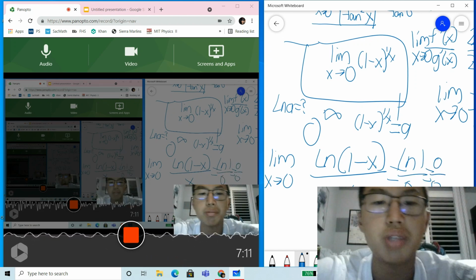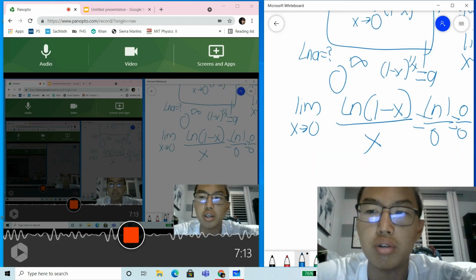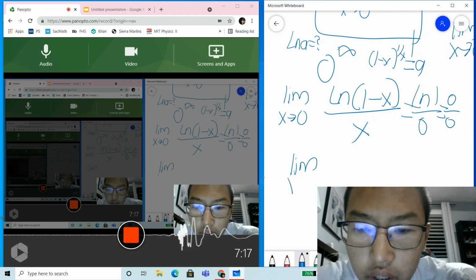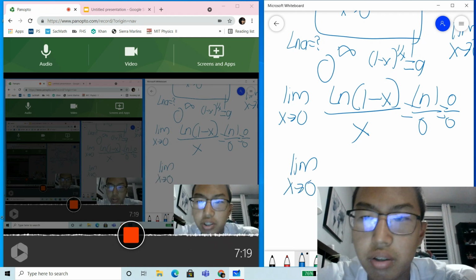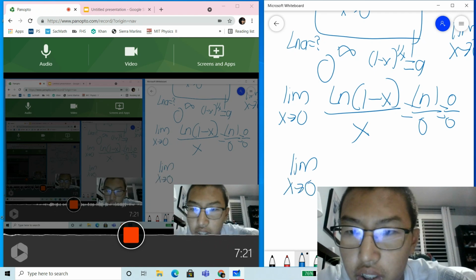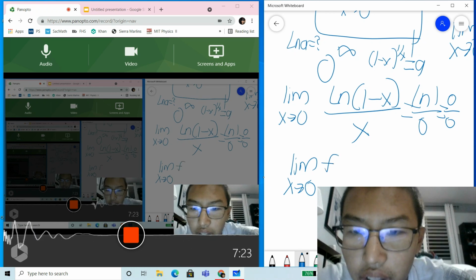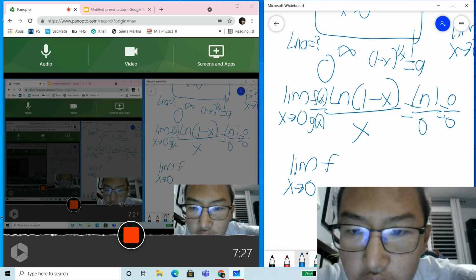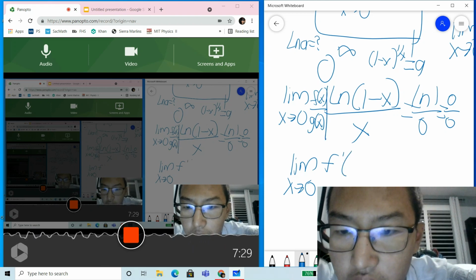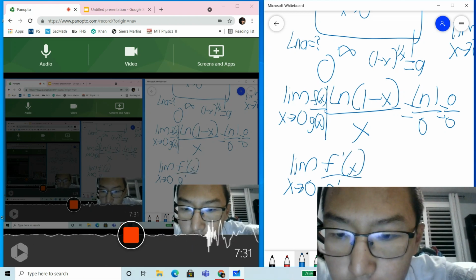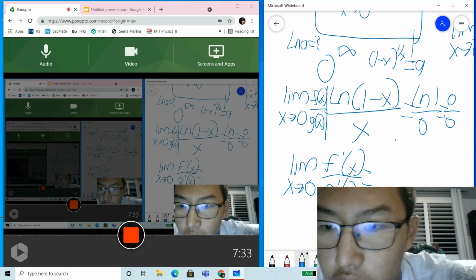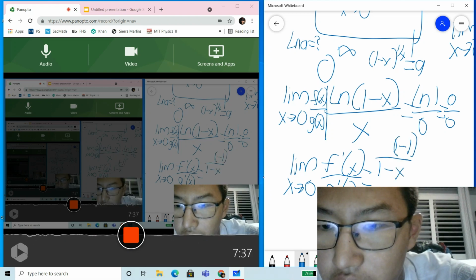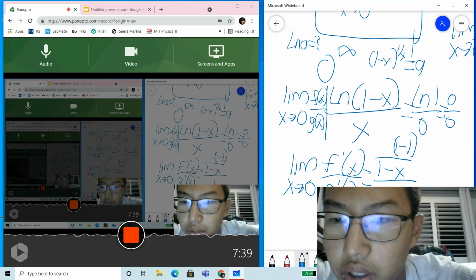So that means it's time to apply our good old friend L'Hopital. Now the limit as x approaches 0: we got f of x on the numerator and g of x on the denominator. So we're going to take f prime of x over g prime of x, which is 1 over 1 minus x times negative 1, obviously, and that over 1.